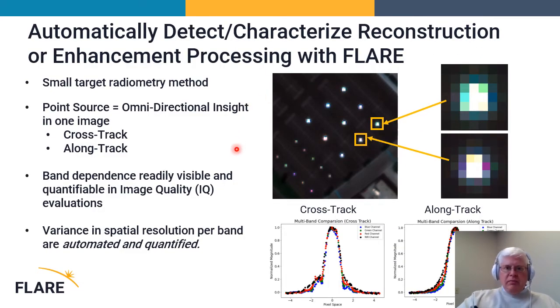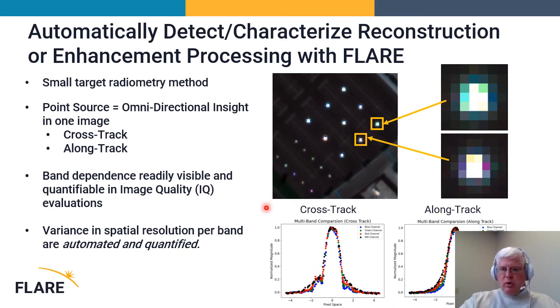So FLAIR also gives you this band insight almost automatically when you start to look at these images. So here we see a multispectral image. We've blown that up. Right away, the analyst can see that there are band differences in this point source. It should all look like a white dot, but it doesn't. And this is the band misregistration popping out. So immediately, visually, you see that.